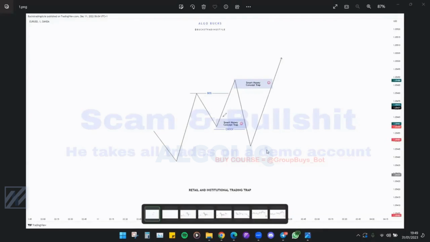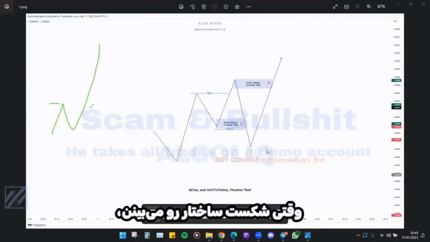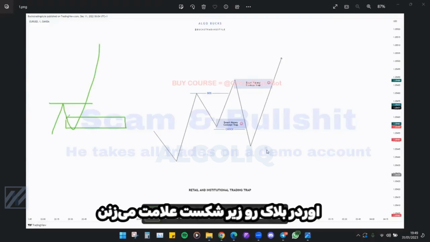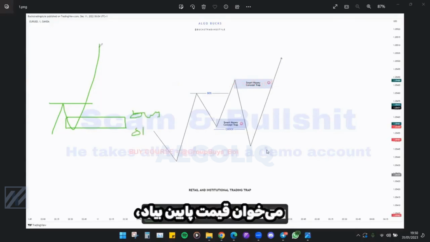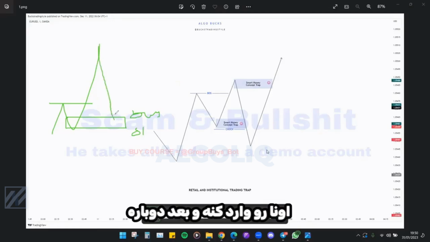When they see a break of structure, they mark the order block just below the break of structure, and that's their POI, and they set their buy limit and then stop loss below. So they want to see price come down to tag them in and then go back up. This is what smart money wants to see.